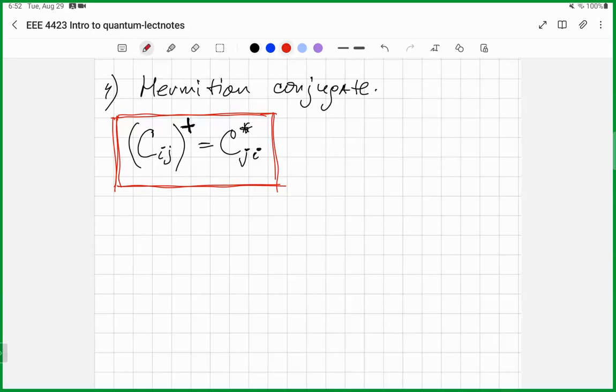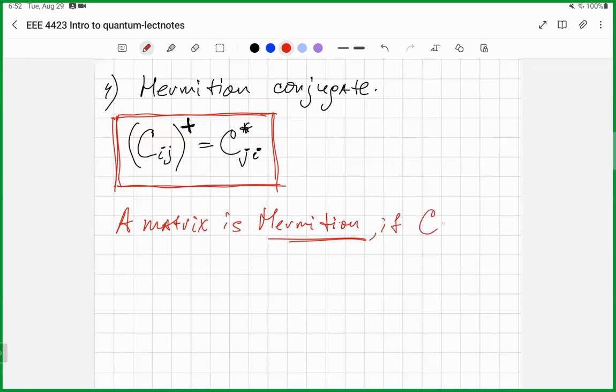So let me write this in red. A matrix is Hermitian if C dagger equals C, or C_ij equals C_ji. And this type of matrix is a Hermitian matrix.